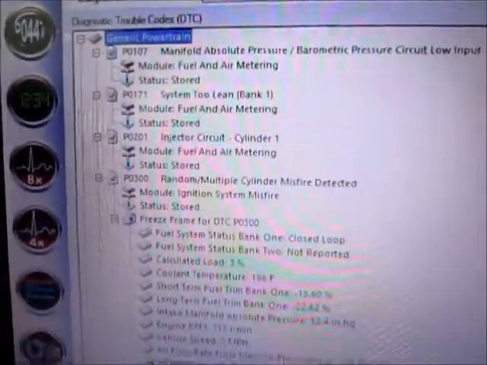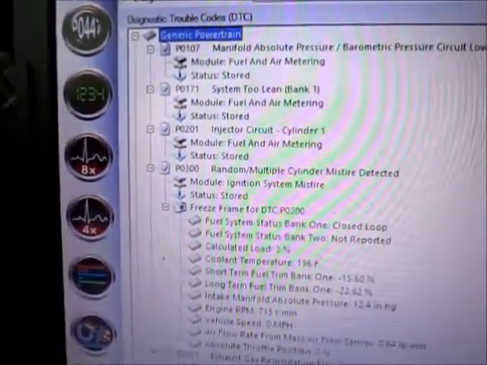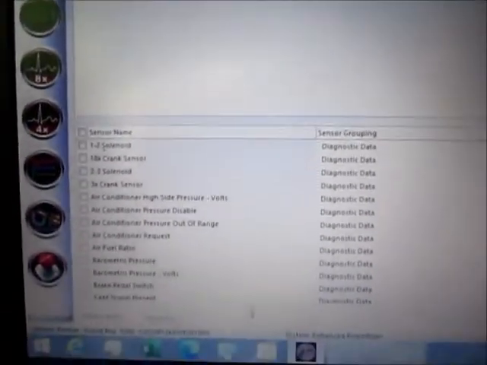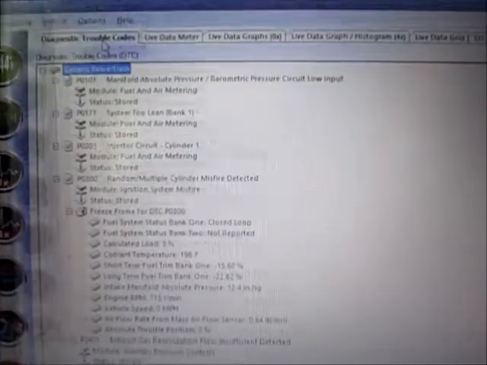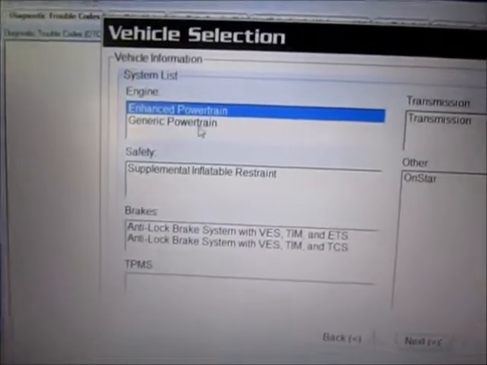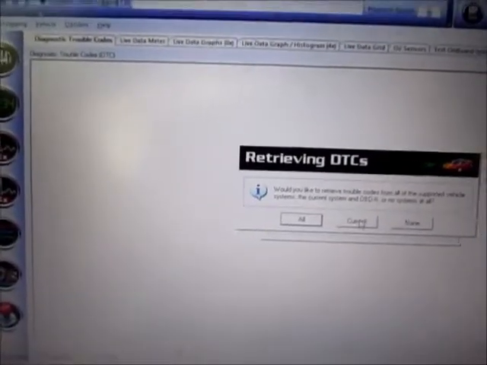Okay, so let's check our parameters here. Let's go to our live data grid. Boy, I don't want all this stuff. So we're just going to go to generic powertrain. All I want is generic. We can go current.